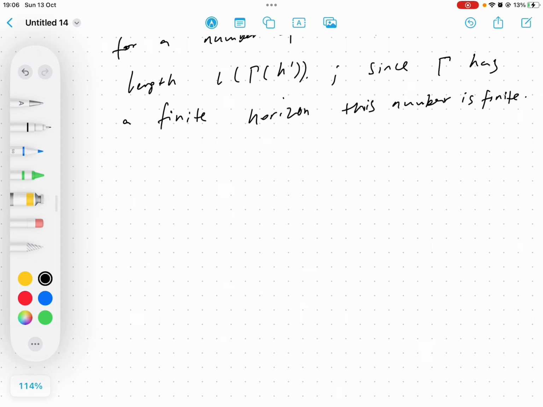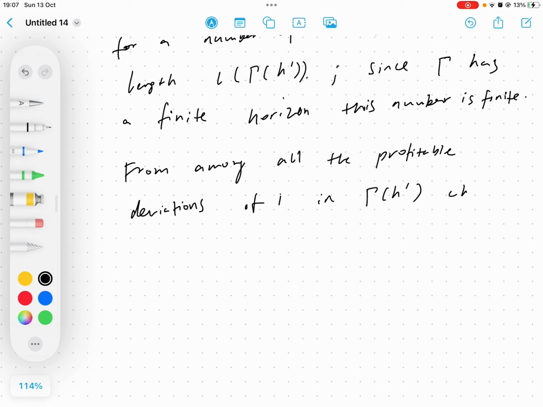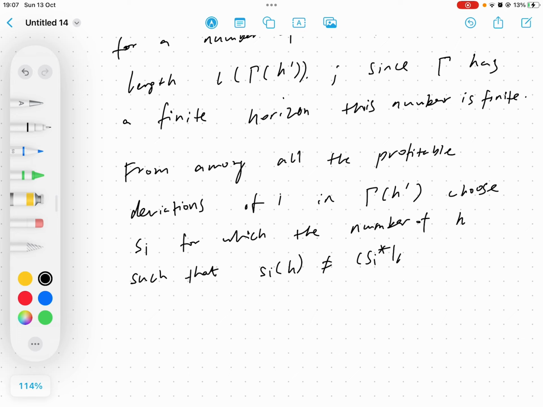So from among all the profitable deviations of player I in this subgame gamma h prime, simply choose a strategy Si for which the number of histories h such that Si h is not Si star following h prime is minimal, right?